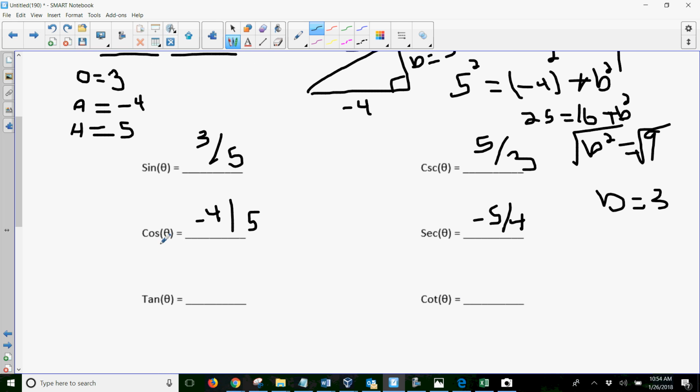Okay. Our tangent, which is opposite over adjacent, TOA, will be 3 over -4, and 1 over tangent, which is cotangent, we'll just flip the fraction, and it will be -4/3. Okay, so that's how you complete that problem.